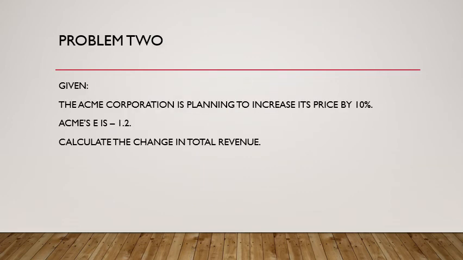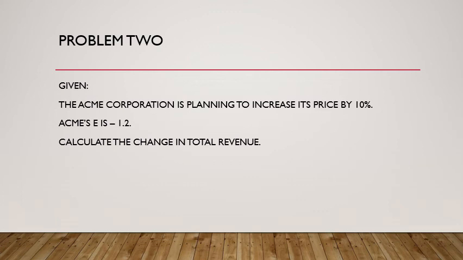Problem 2, and on the next slide, the solution. So the given: the Acme Corporation is planning to increase its price by 10%. Acme's price elasticity of demand is equal to negative 1.2, which makes it elastic, right?